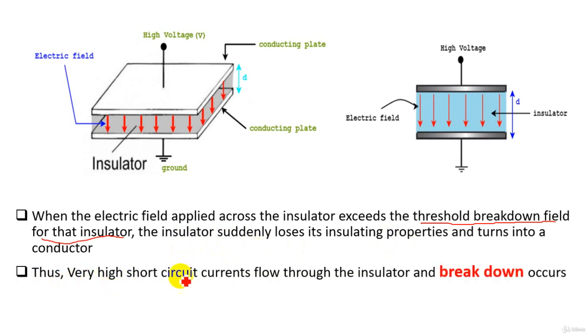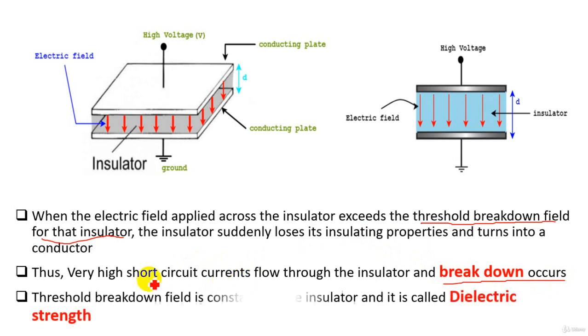Thus, very high short circuit currents flow through the insulator and hence breakdown occurs. So this is the phenomenon of breakdown: the insulator loses its insulating properties and turns into a conductor, and short circuit currents occur.